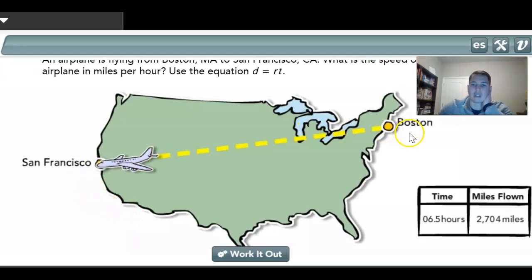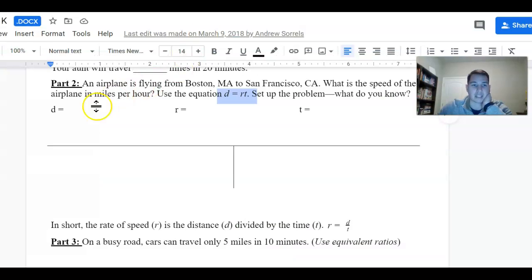Here is a map of the United States. From Boston to San Francisco is 2,704 miles flown, and the time is 6.5 hours. So let's go ahead and fill in our guided notes. The distance is 2,704.